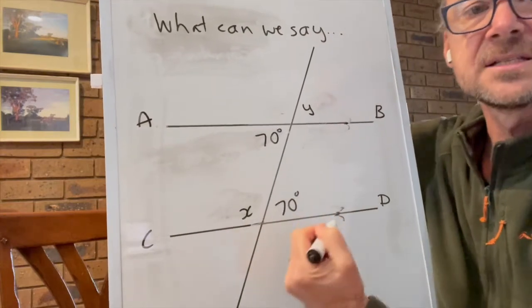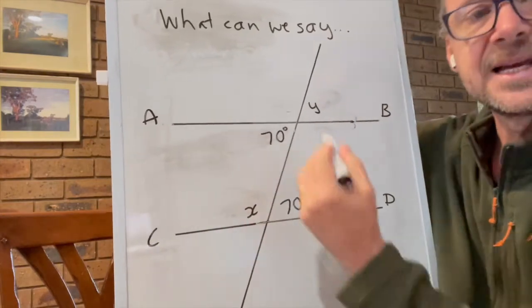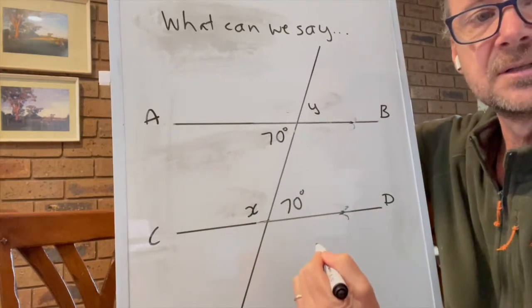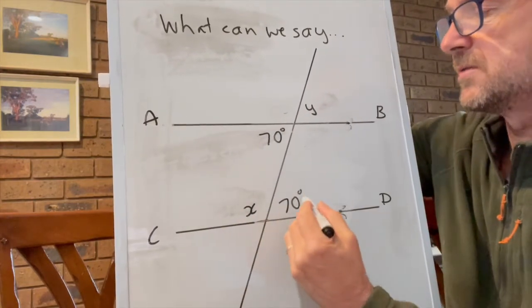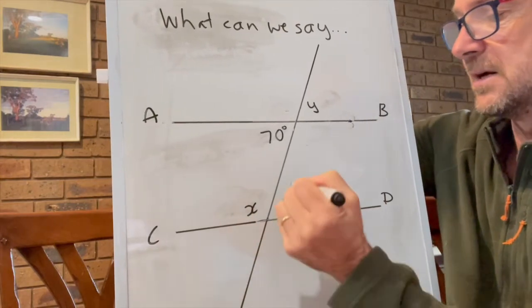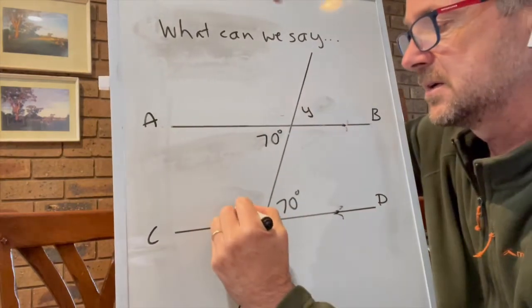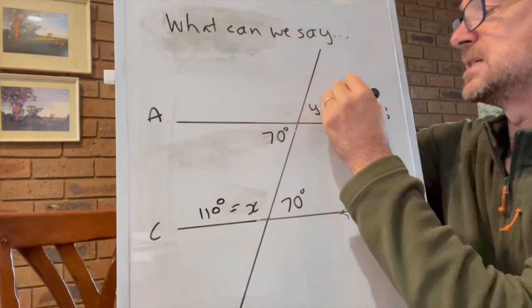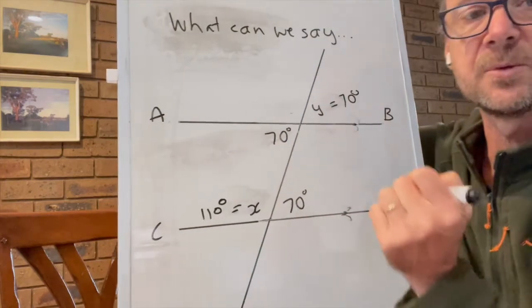That tells us that because they are equal, the two lines must be parallel, okay? And that the value of x must be 110, and that the value of y must be 70 because it would be vertically opposite, okay?